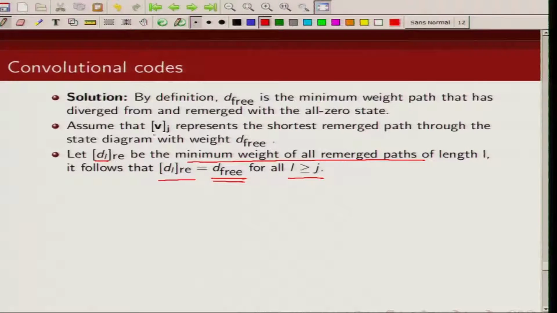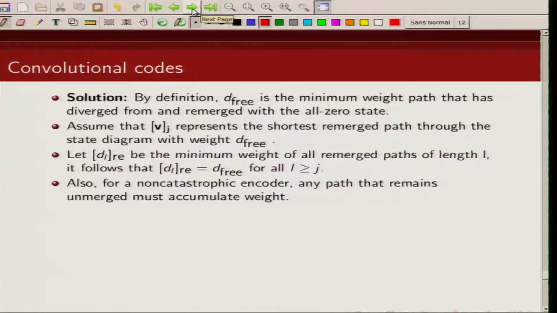Because we have said that for time equal to j, that is the shortest re-merged path through this trellis diagram, which has weight equal to the free distance. So, if we take any time larger than that, then of course, we will have a re-merged path having minimum distance d free.